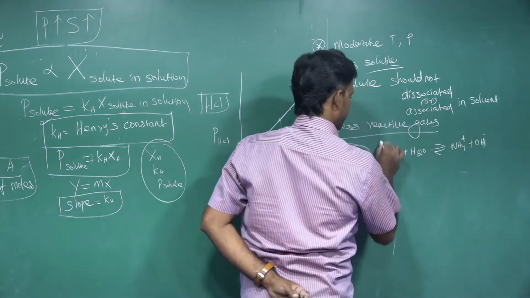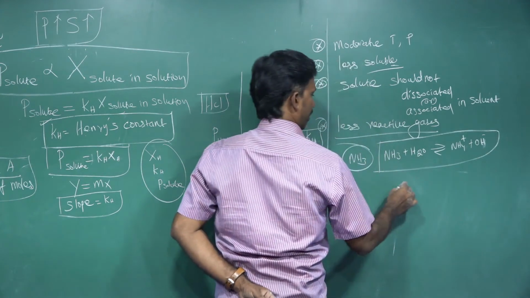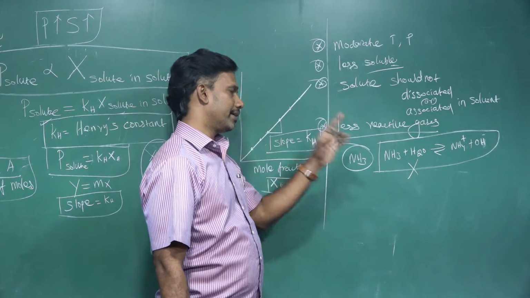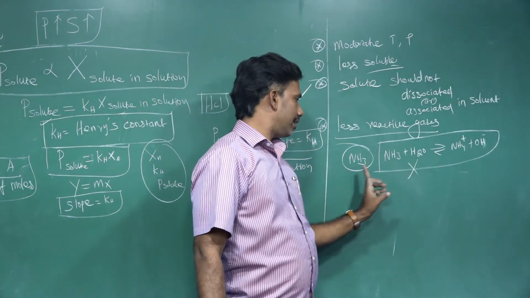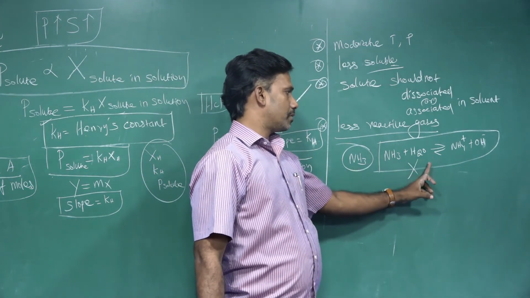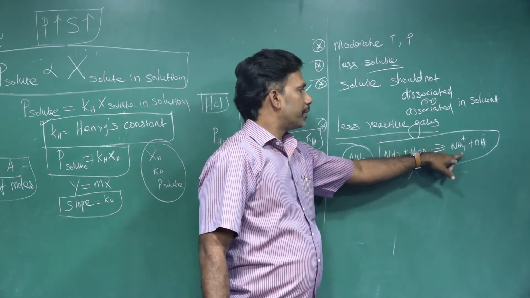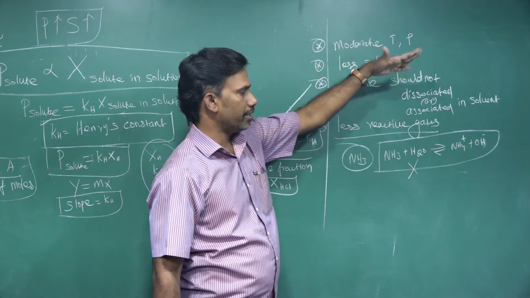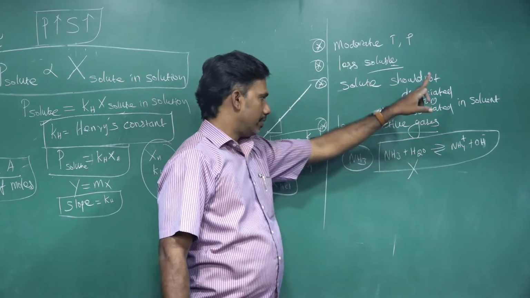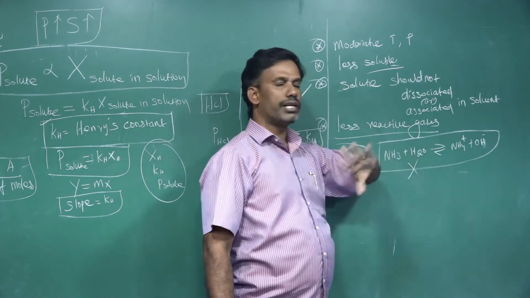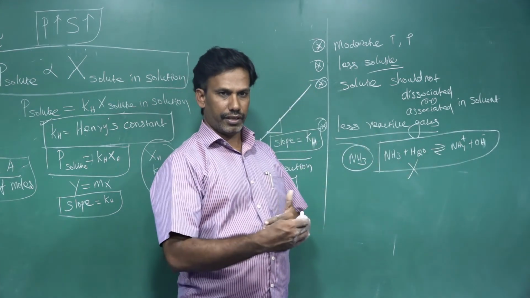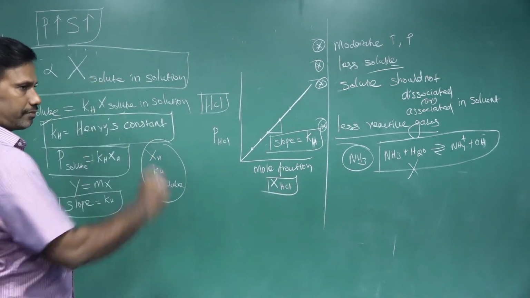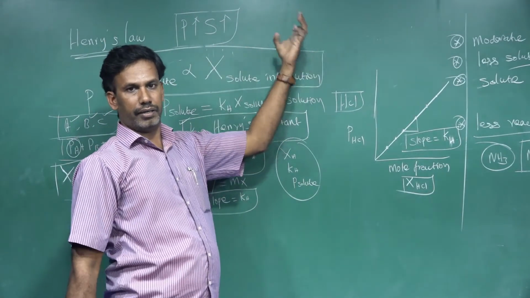In this case Henry's law cannot be applied because it is easily soluble and also dissociates into ions. The solute should not dissociate or associate in the solvent. If dissociation like this takes place, you cannot apply Henry's law.